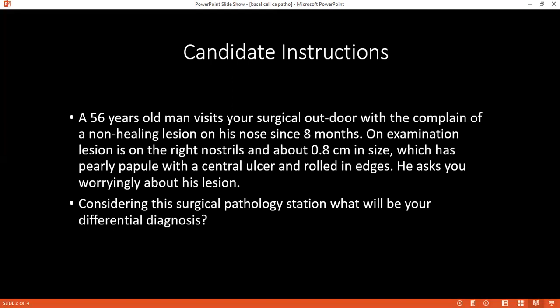When you were telling me about management, you said you'll go for primary closure. Just suppose it turned out to be basal cell carcinoma. When would you decide not to go for primary closure?